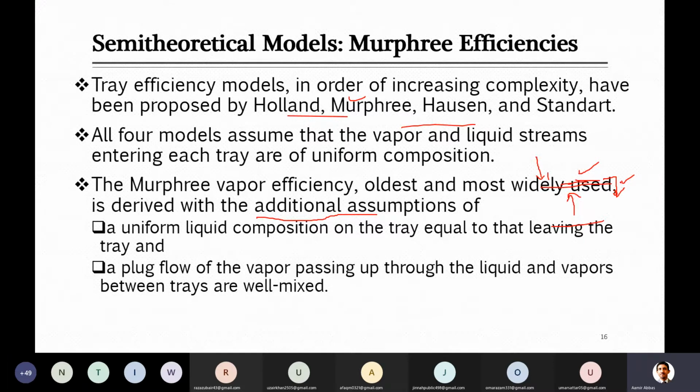Other scientists just considered that when liquid is leaving from the downcomer, it has similar composition all over the liquid stream which is leaving. But he considered that on the surface of the plate as well, this composition will be the same.